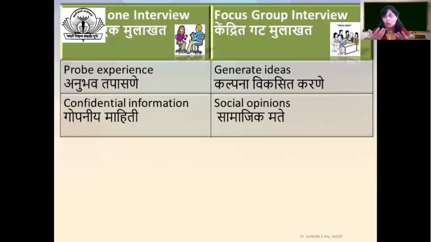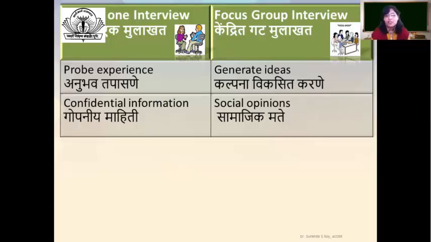The next is when you want confidential information, go in for one-to-one interview, because then the interviewee will be open enough to share their information. Of course, you have to reassure them that their identity will remain confidential, and that the information is only for the research purpose.